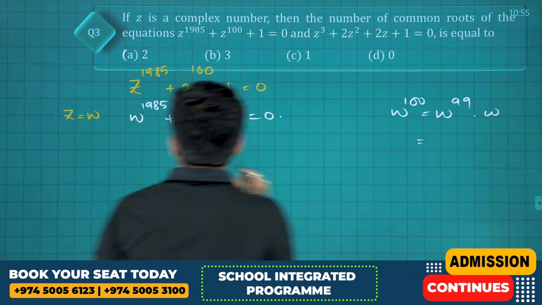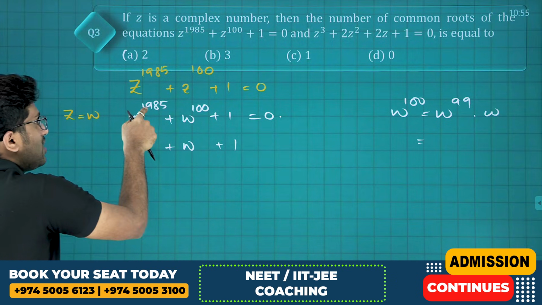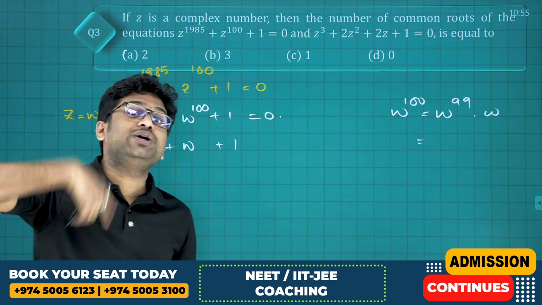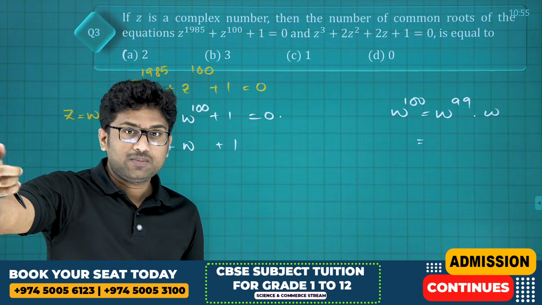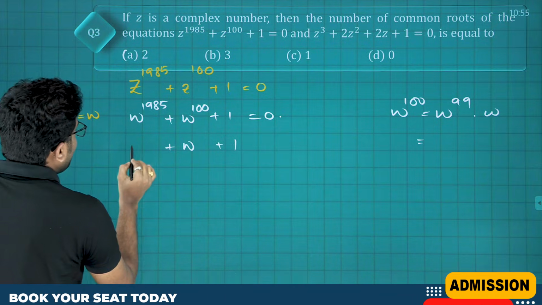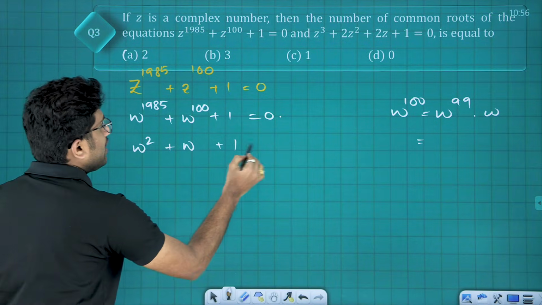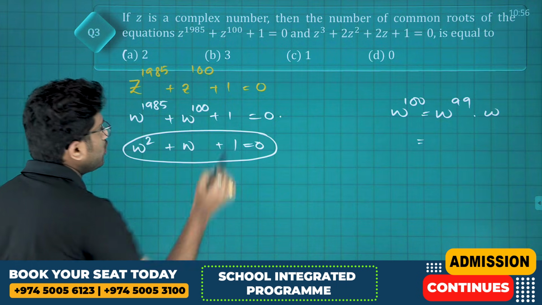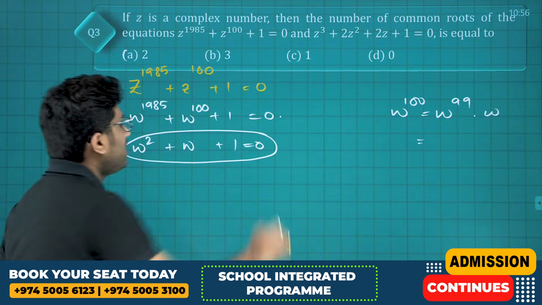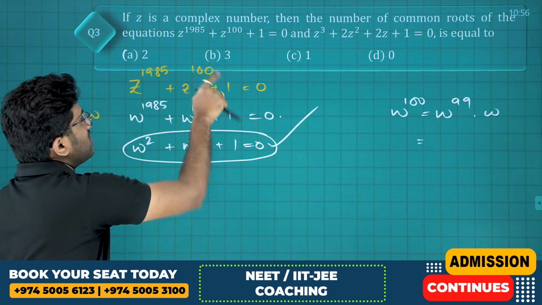So 1 into omega, this will be omega. Now this, omega power 1985, we can write as omega power 1982 into omega square, because 1982 is a multiple of 3, so this is omega square. Now clearly 1 plus omega plus omega square is 0, because the sum of the cube roots of unity is 0. Hence omega is a root of this first equation.